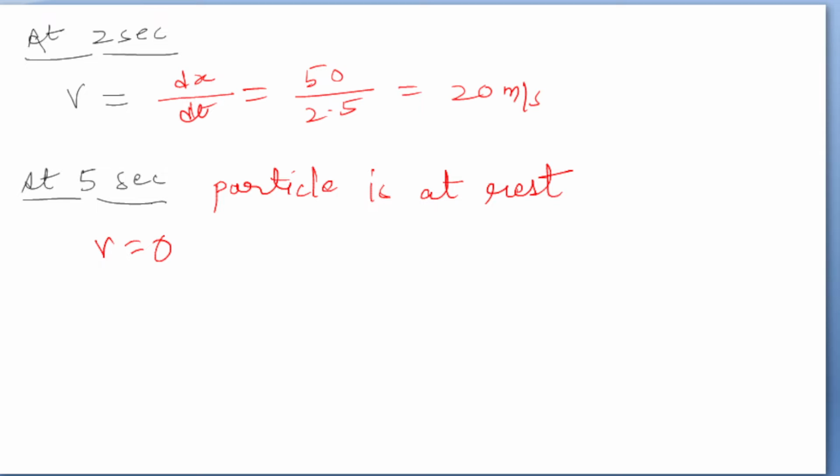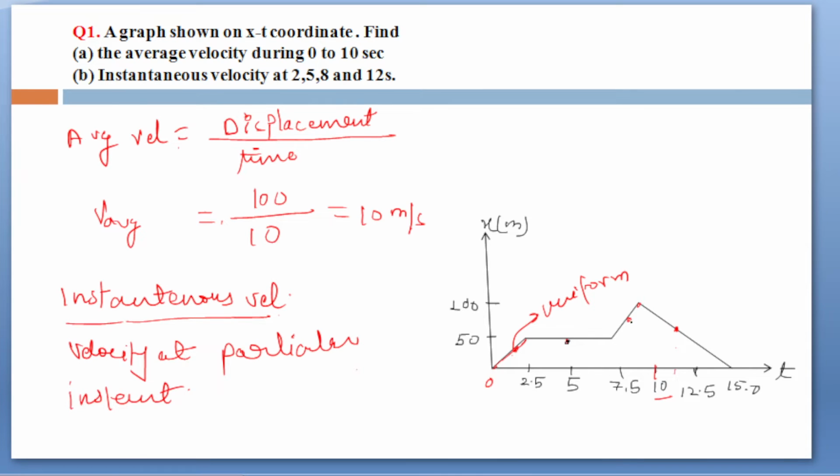Now at 8 second means here, so we use the same concept, that this is a straight line, so velocity will be uniform along this line, that is velocity between 7.5 second to 10 second, which is constant.